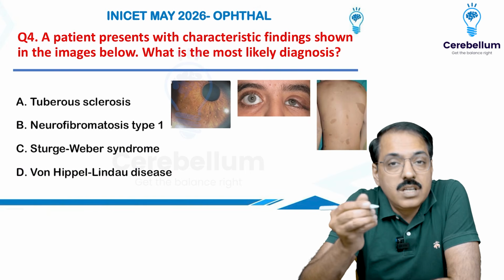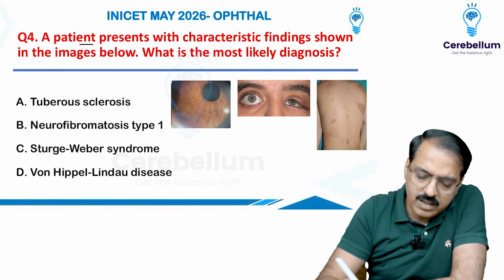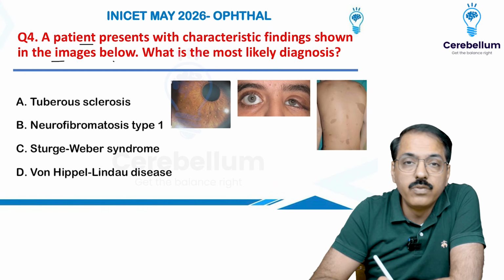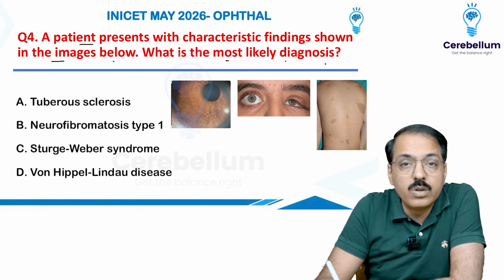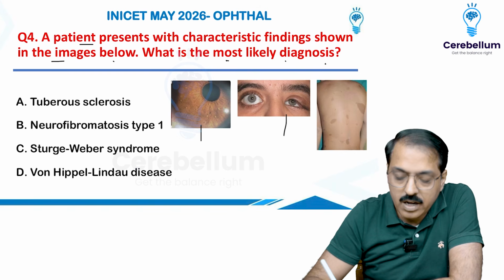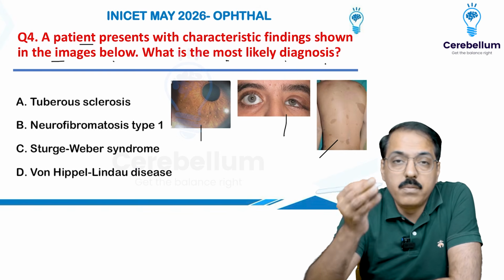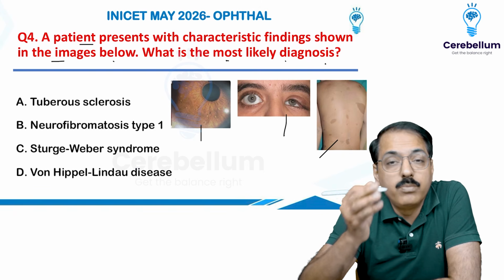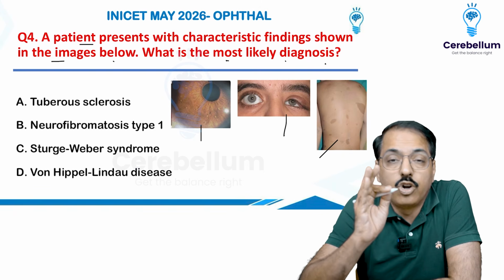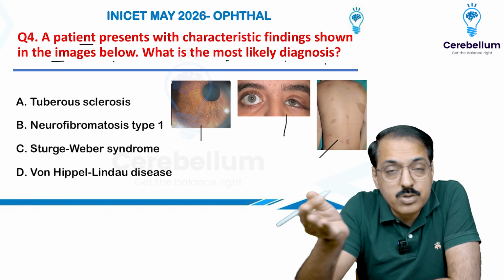Next was this question, where they asked, a patient presents with the characteristic findings shown in the image below. What is the most likely diagnosis? So they had given you an iris finding, one lid finding, and one skin finding, a derma finding. So if you remember this from dermatology also and from the PPT that I shared on nodules, various nodules are there, Busacca nodules, Koeppe nodules.